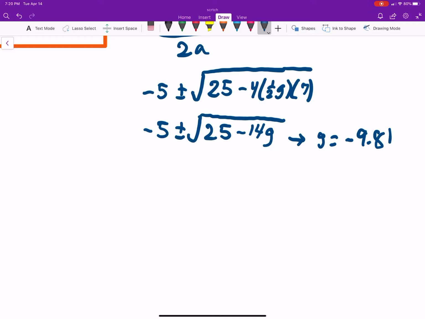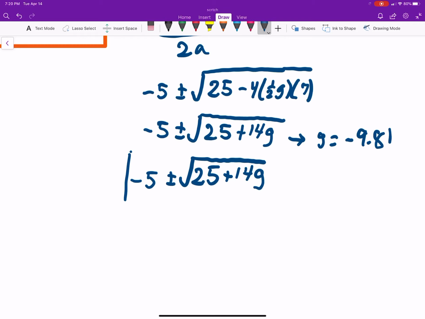But I'm just going to take this negative and put it out front and make that positive. So we have negative 5 plus or minus the square root of 25 plus 14 times gravity. That's one time. All you have to do is plug this in your calculator and you'll get your time. Now that's the time for rock 1.